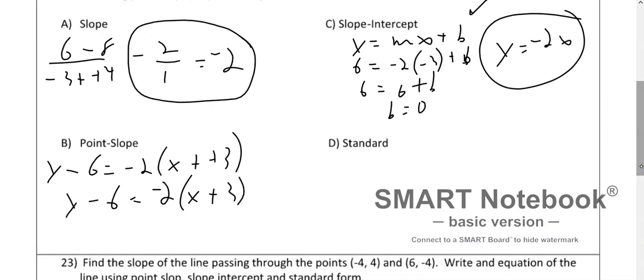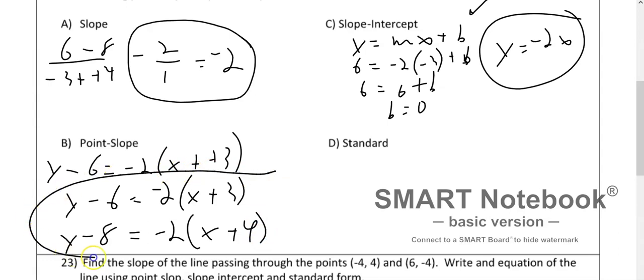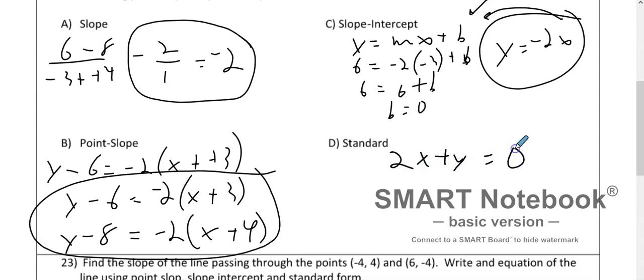If you would have used the other point, you would have ended up with y minus 8 equals negative 2 x plus 4. And that would have just been plugging in the other point. So either one of these answers is correct. And in standard form, well, basically we're just going to go back to y-intercept and move this bad boy over. 2x plus y equals 0. We're done.